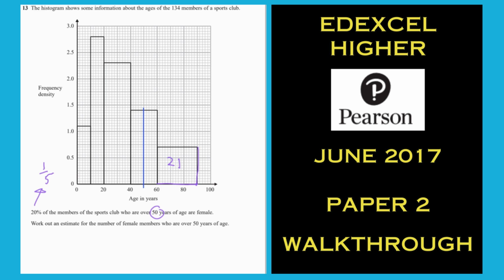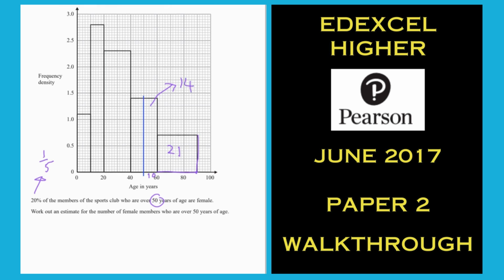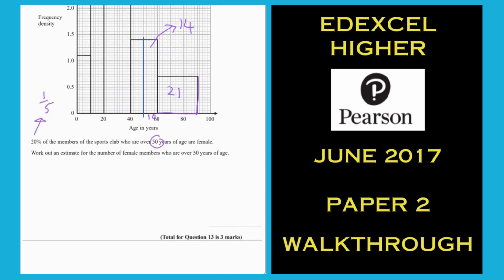So we need to know how many people are here. How many are in the over 50 category? Well, fortunately, it's half of the bar. It's also got a width of 10, a height of 1.4. There are 14 people in there. So how many people over 50 do we have?